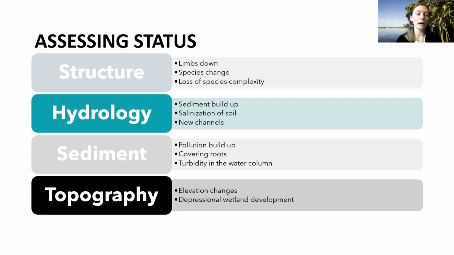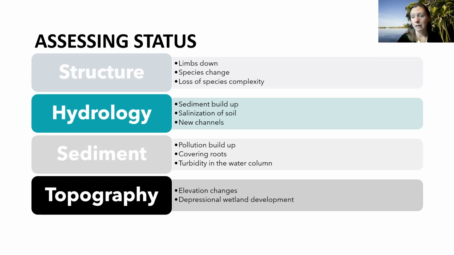Topography then also kind of goes hand in hand with hydrology and sediment. You're looking at elevation changes. So did you have areas where there was a large amount of sediment that was washed away? Maybe mangroves were washed away. Maybe you've had new depressional wetland development. Maybe you had a mosquito ditch that is no longer a mosquito ditch.